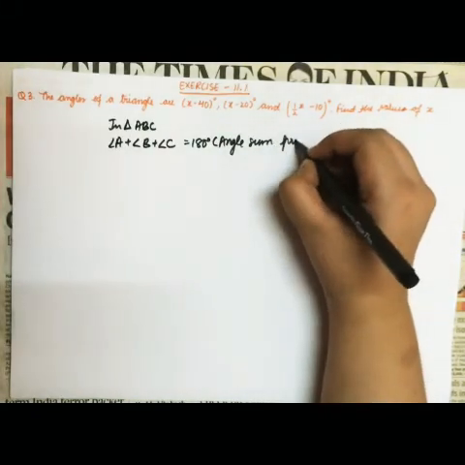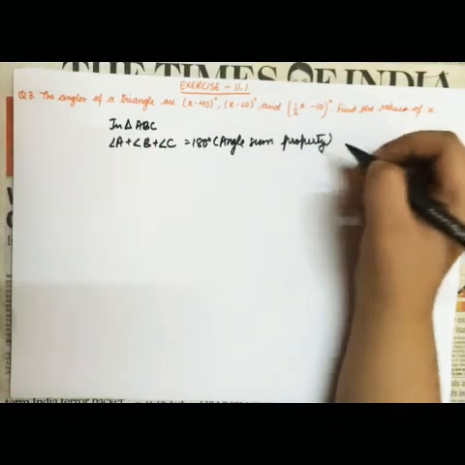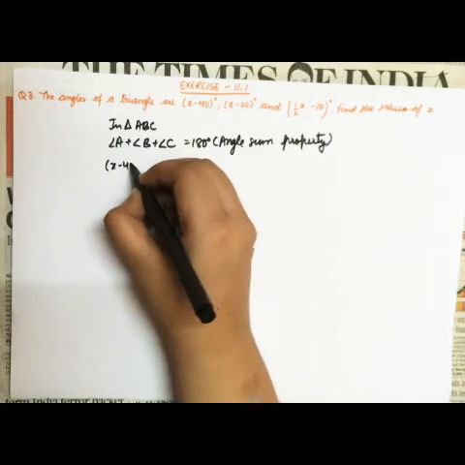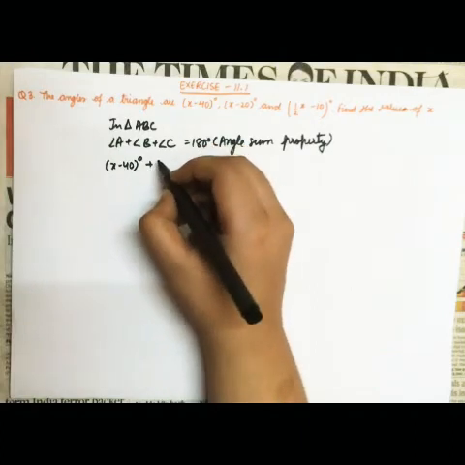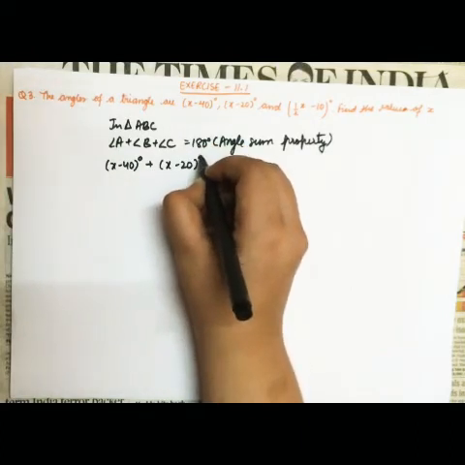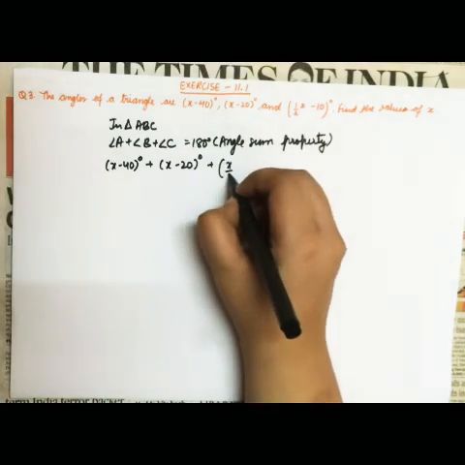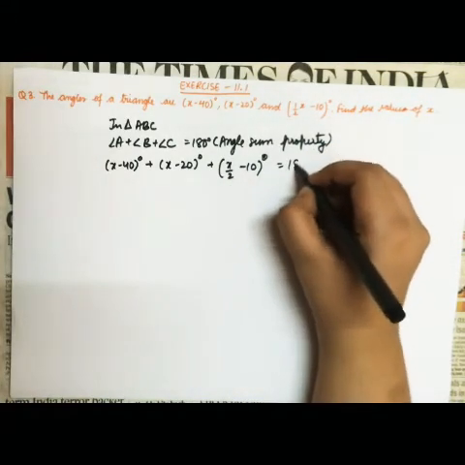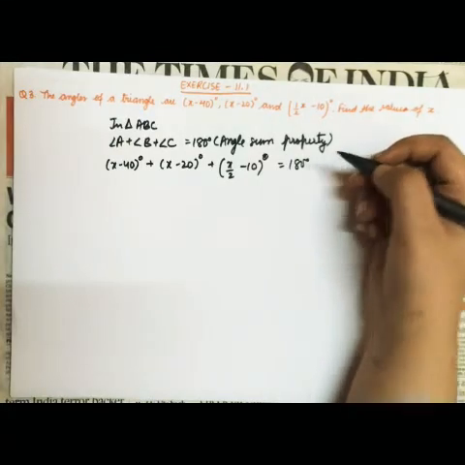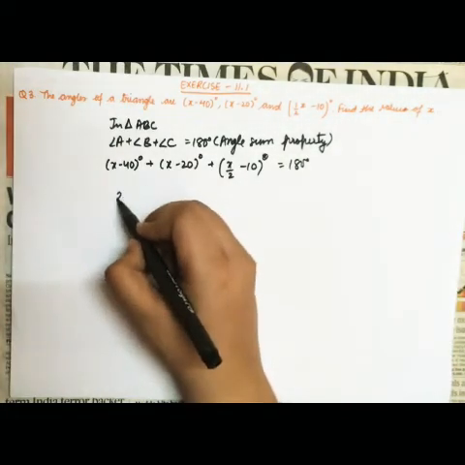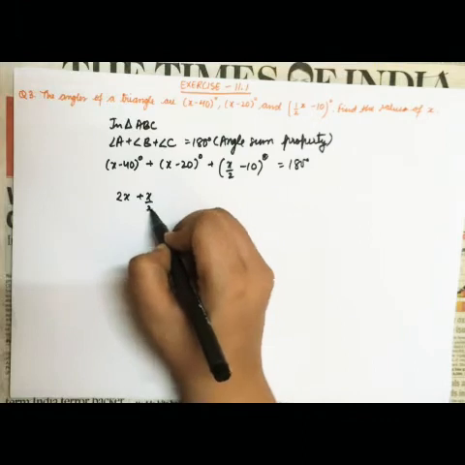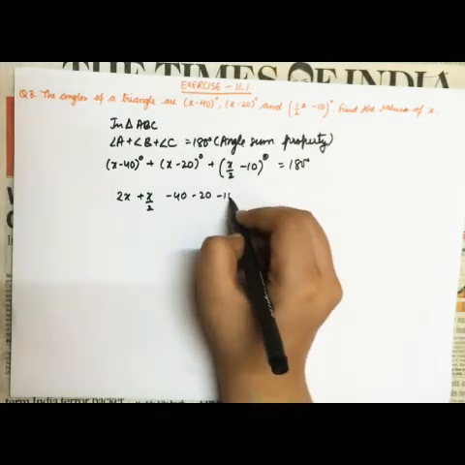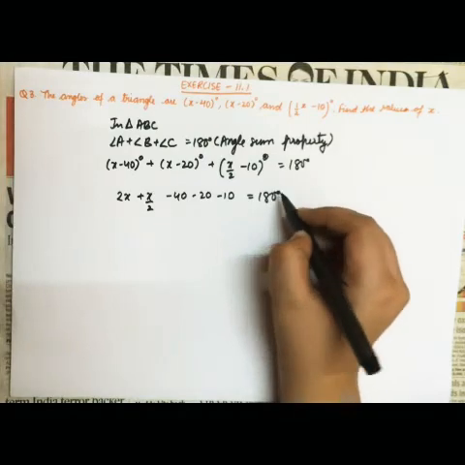Now angle A is x minus 40 degrees, angle B is x minus 20 degrees, and angle C is x by 2 minus 10 degrees, which is equal to 180 degrees. Now x plus x is 2x, plus x by 2, and minus 40 minus 20 minus 10 is equal to 180 degrees.